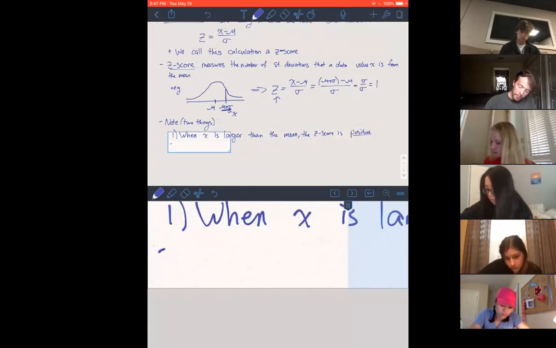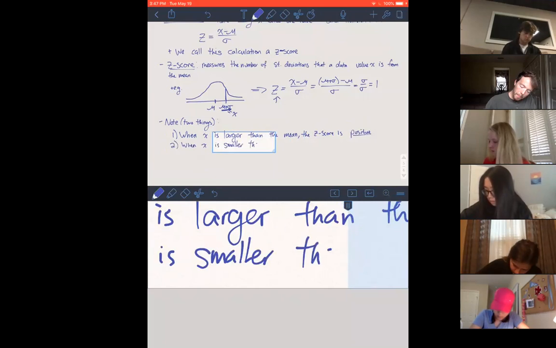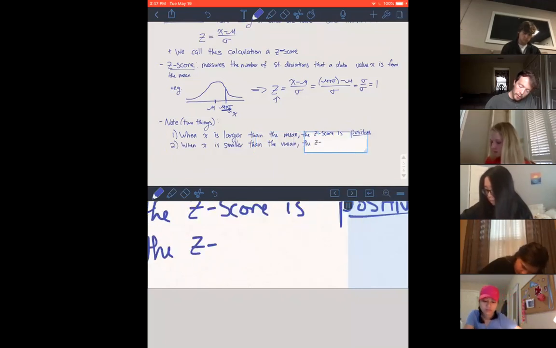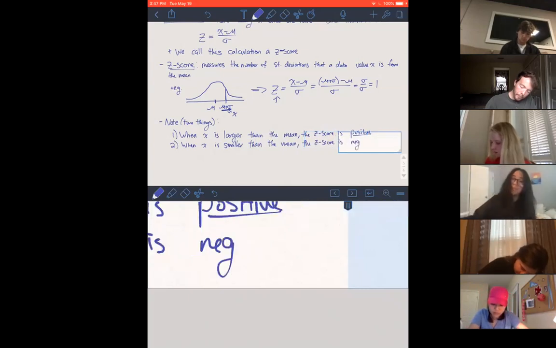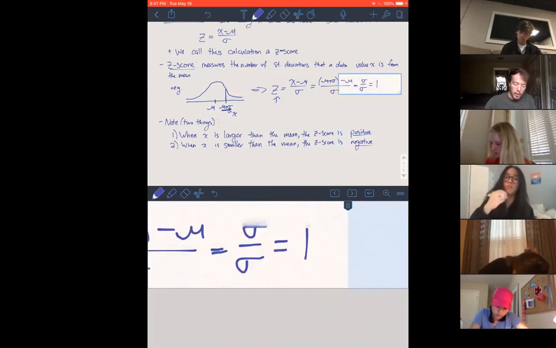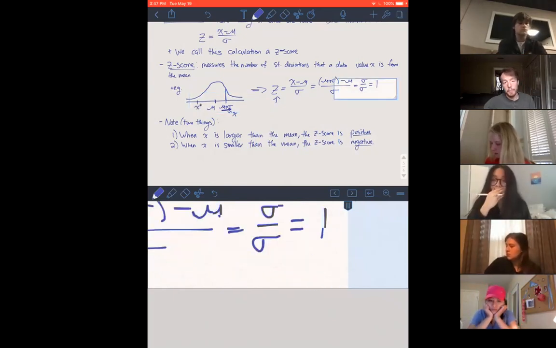And on the flip side, when x is smaller than the mean, the z-score is negative. So in this little example right here, we were looking at an x that was above the mean. We got a z-score that was positive. If we had chosen an x down here to investigate, it would have given us a negative z-score. Something just to know about z-scores.